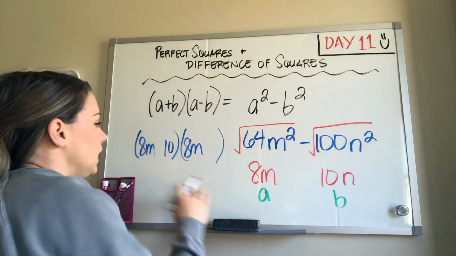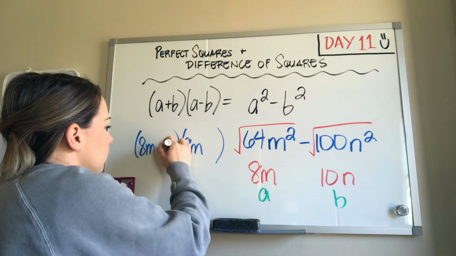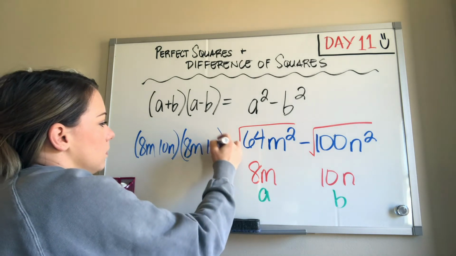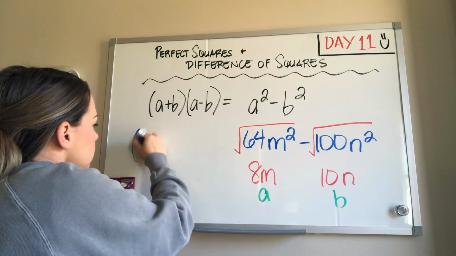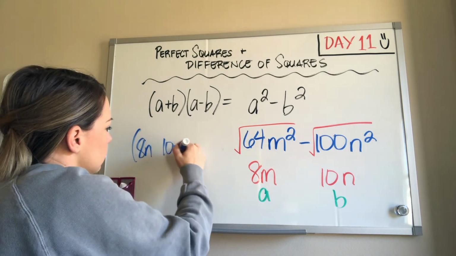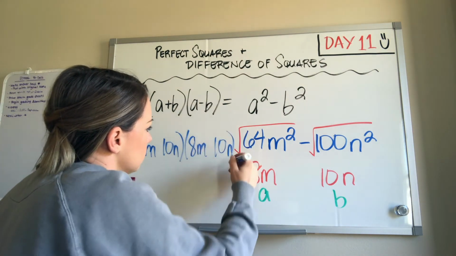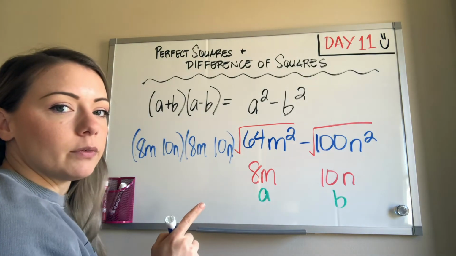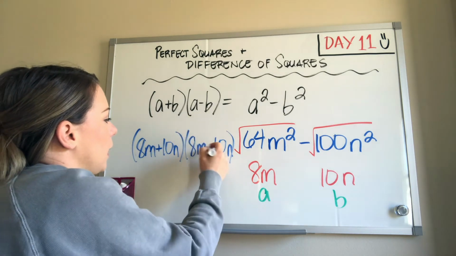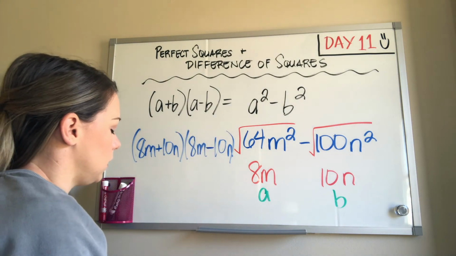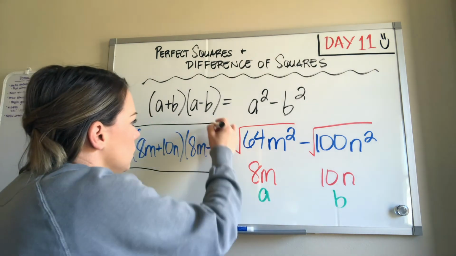Oh, I did not leave myself a whole lot of room, so let's try that again. All right, and then the last thing that we have to remember is with the difference of squares, I have a binomial with a sum, and I have a binomial that is a difference. This is your answer.